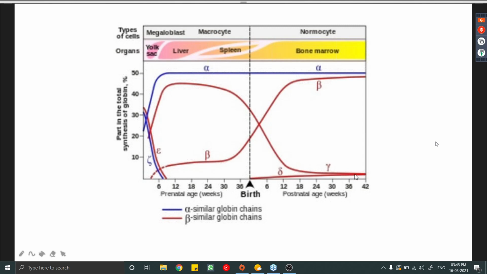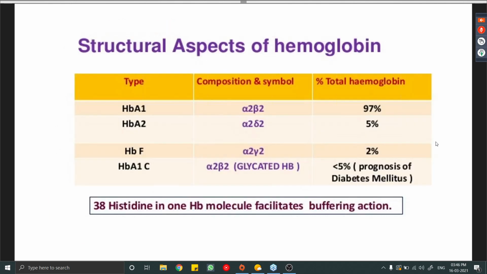In adult RBCs, HbF levels are hardly 2%, and after birth the delta chains also start synthesizing, and they constitute HbA2, 5% of the total hemoglobin.